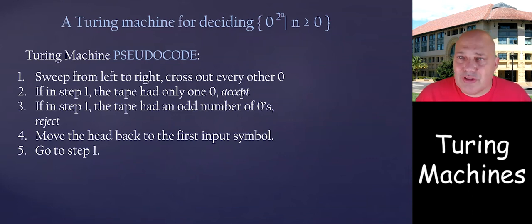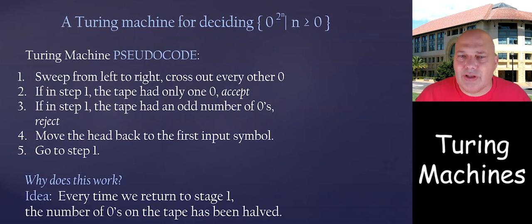So this Turing machine is going to decide some language, and let's argue that it is deciding this language. So why does it work? Well, every time that we go back to stage 1, we have halved the number of zeros on the tape.